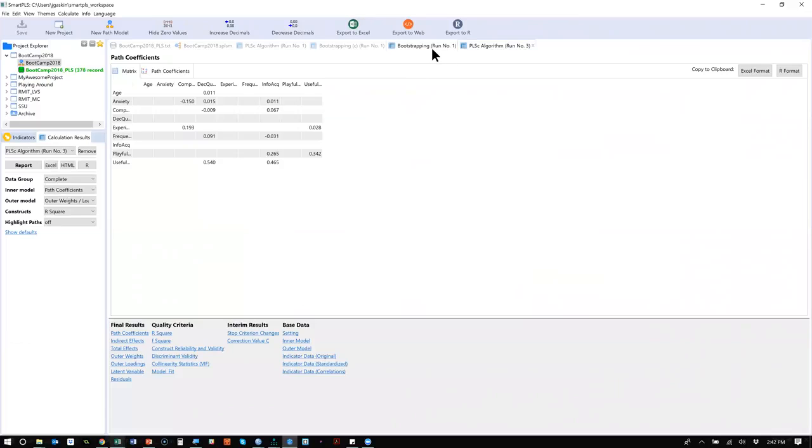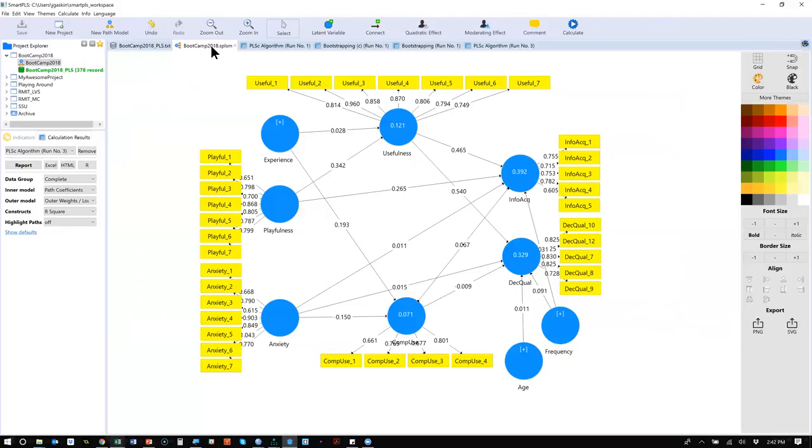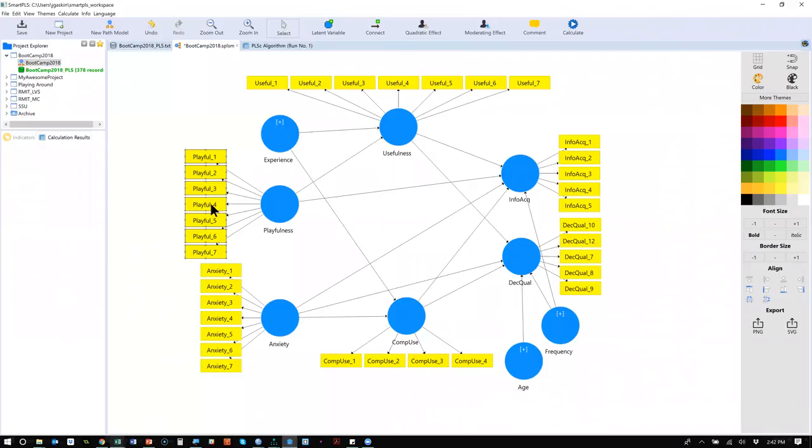Before we look at the output, let's go back to the model. And we get to see these loadings. Let me pull these out. Oh, one at a time. I don't want that. You used to be able to select. There we go, and click and drag. Oh, it changes the model.